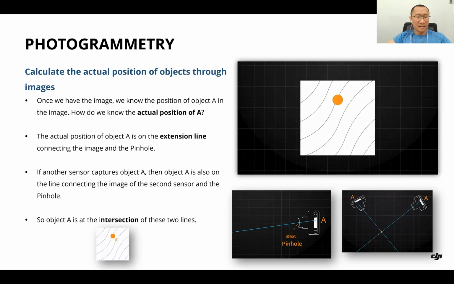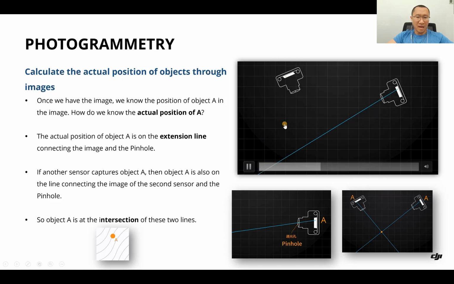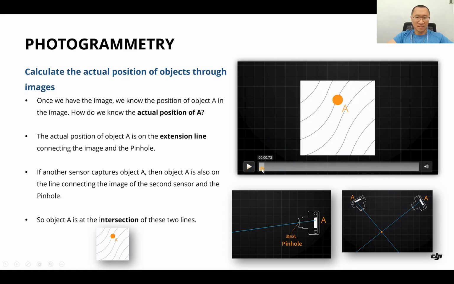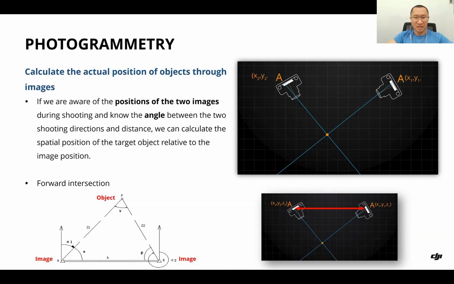We need to calculate the actual position of the objects through images. Once we have the image, we know the position of the object in the image, for example object A. But how do we know the actual position of A on the ground?